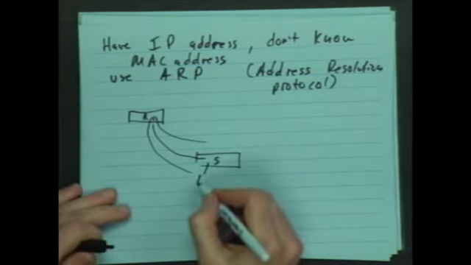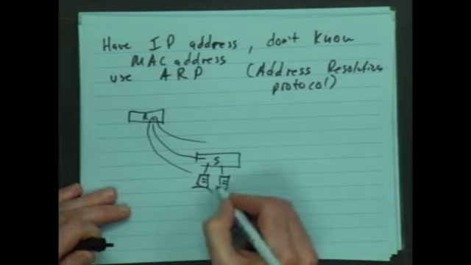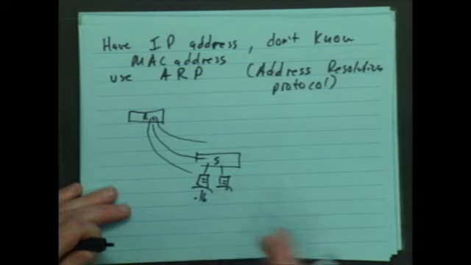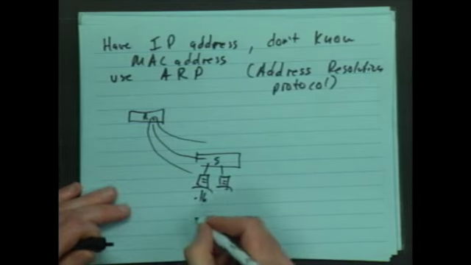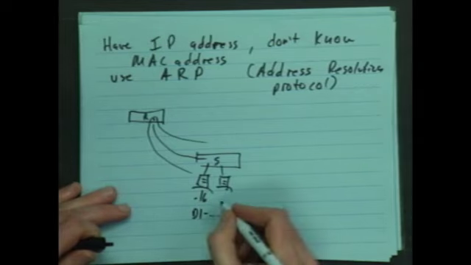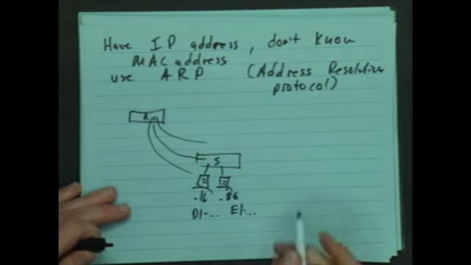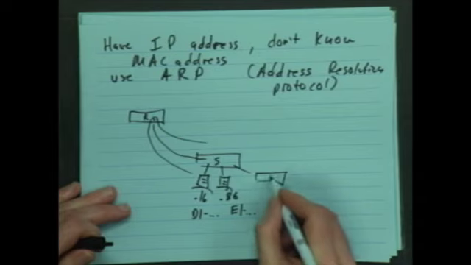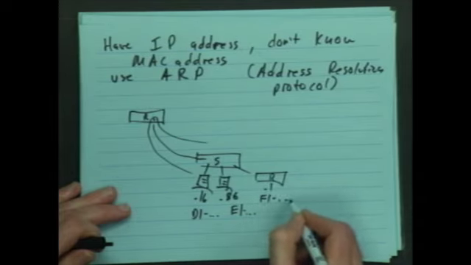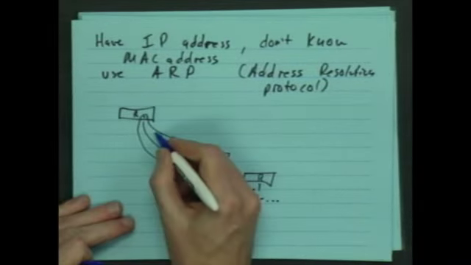I think I told you guys, the server was here. There's another server here. This is .16, and it was D1. This one was .86, and it was E1. And then there was a router here, .1 with an F1. We send out a broadcast message.